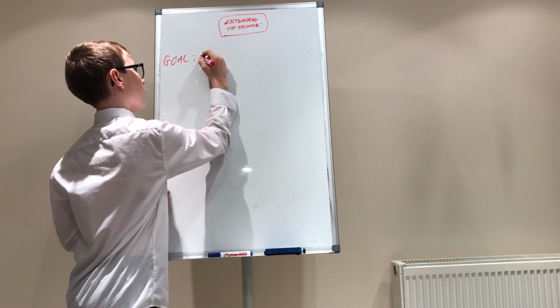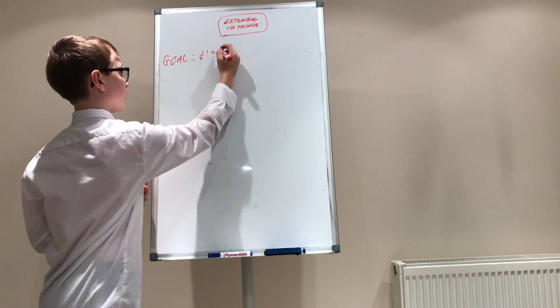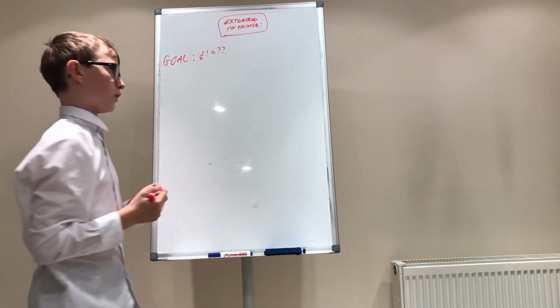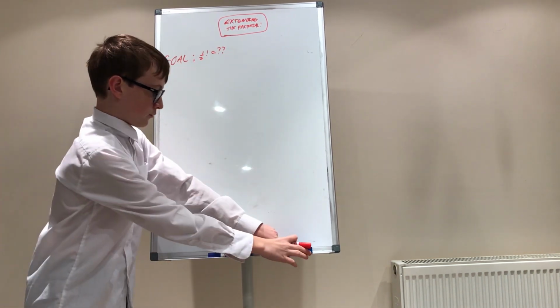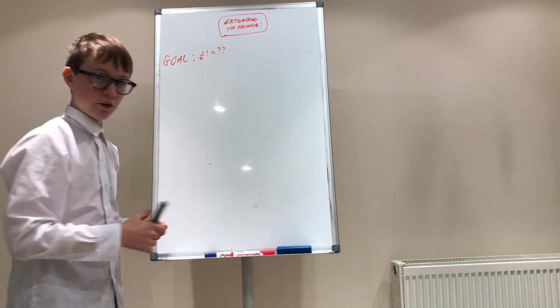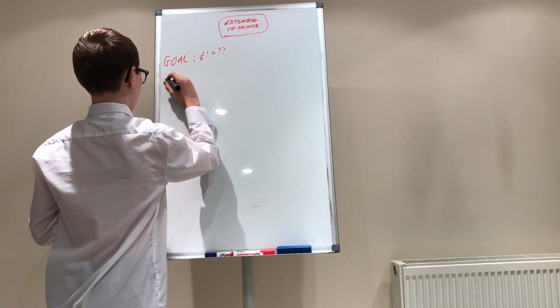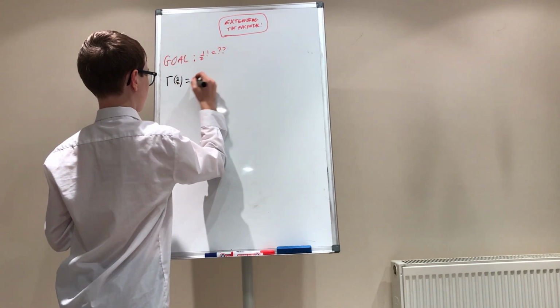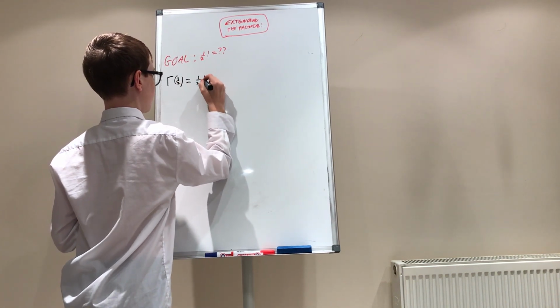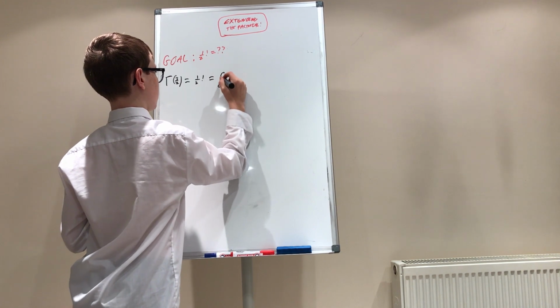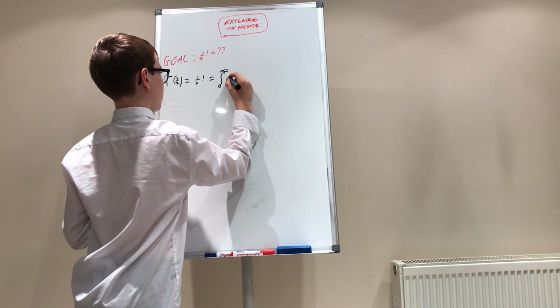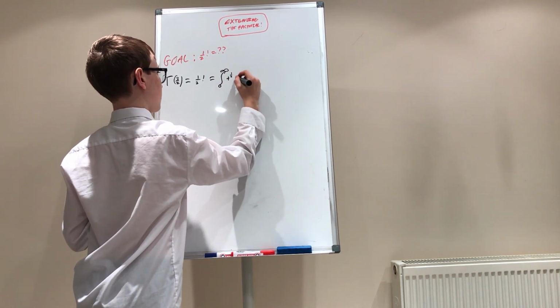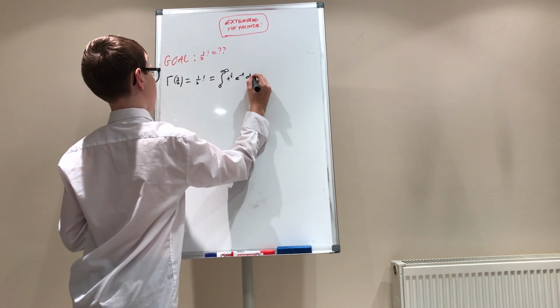Okay. So now, our new goal is to solve for 1/2 factorial. Well, let's do this integral. Gamma of 3/2 equals 1/2 factorial, which equals the integral between 0 and infinity of t to the power of 1/2 times e to the negative t dt.